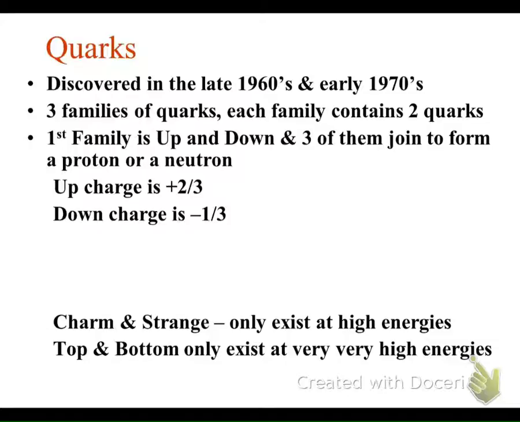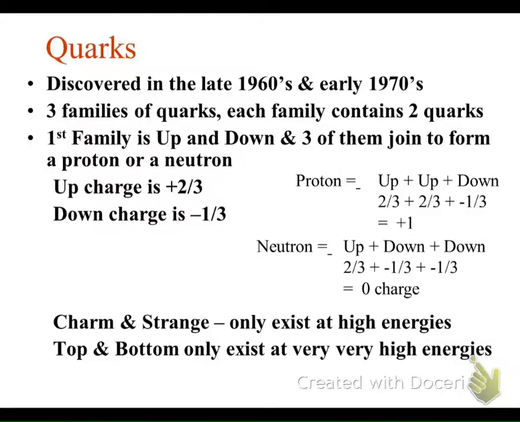An up charge is a positive 2/3, and a down charge is a negative 1/3. A proton combines to form a positive charge with the up-up-down quarks, and then a neutron forms a 0 charge. So it's just important that these exist. That's basically all I'm going to ever talk about them, is just that you know what they are, and that they helped us figure out what the charges on the subatomic particles were.